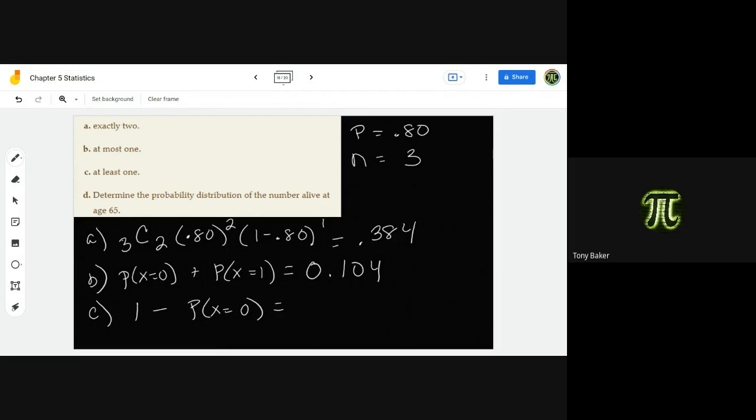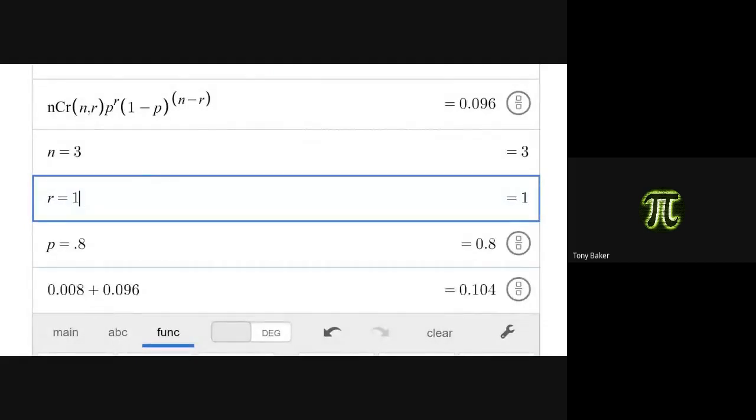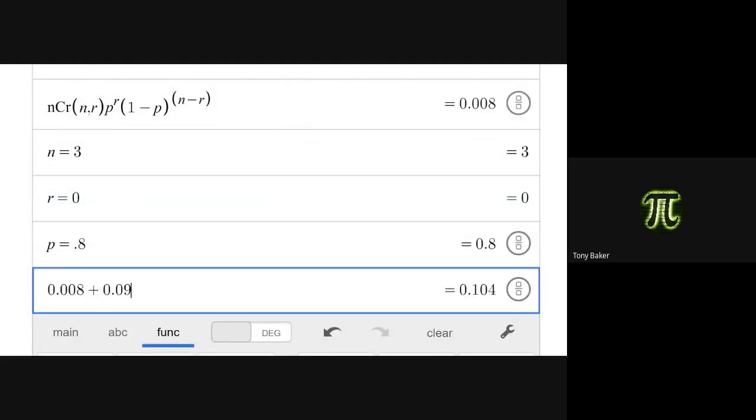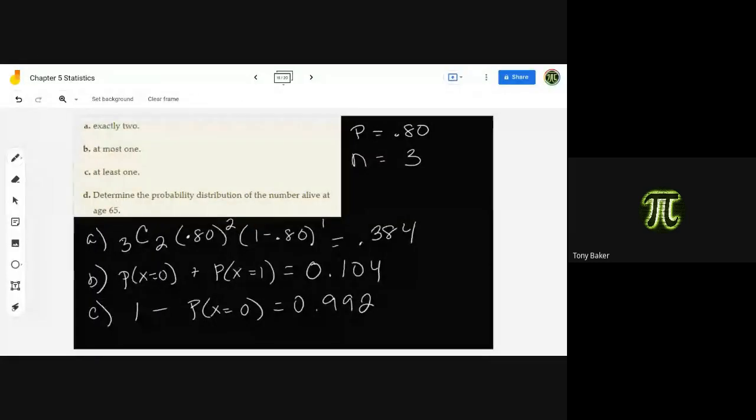So let's go back to Desmos. I've got 0. I'm going to do 1 minus 0.008, 0.992. That's my answer.